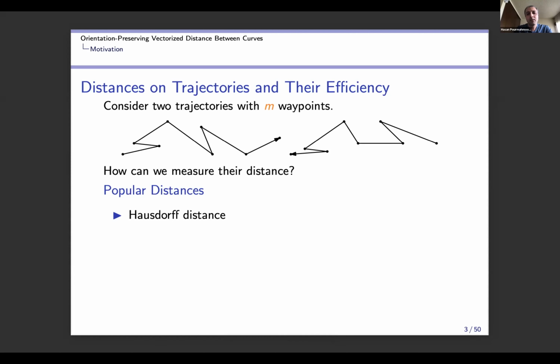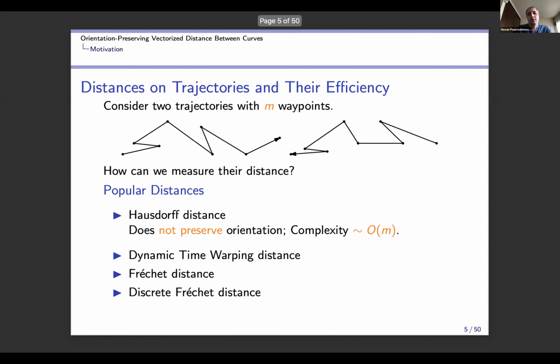Hausdorff distance does not have this property, and the complexity of calculation of the distance is big O of m. The next three popular distances that I'm going to talk about are dynamic time warping, Fréchet distance, and discrete Fréchet distance. All three metrics do preserve the orientation of the curve, but their complexity is O of m squared.